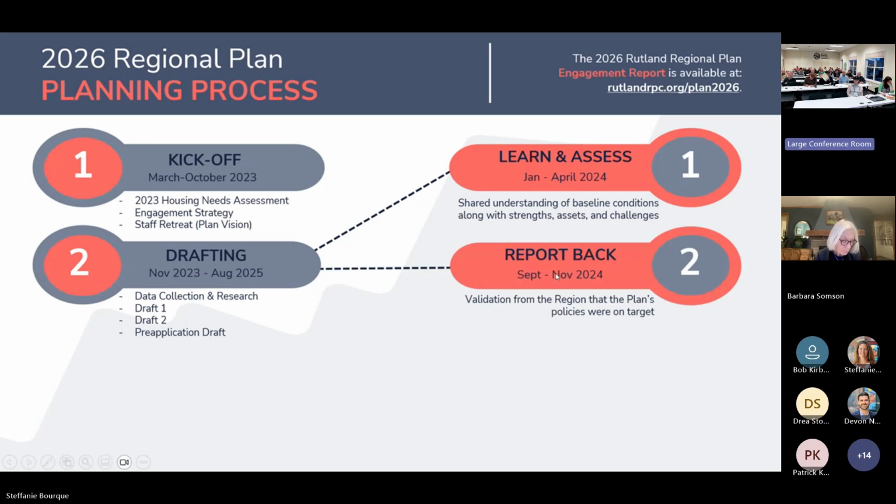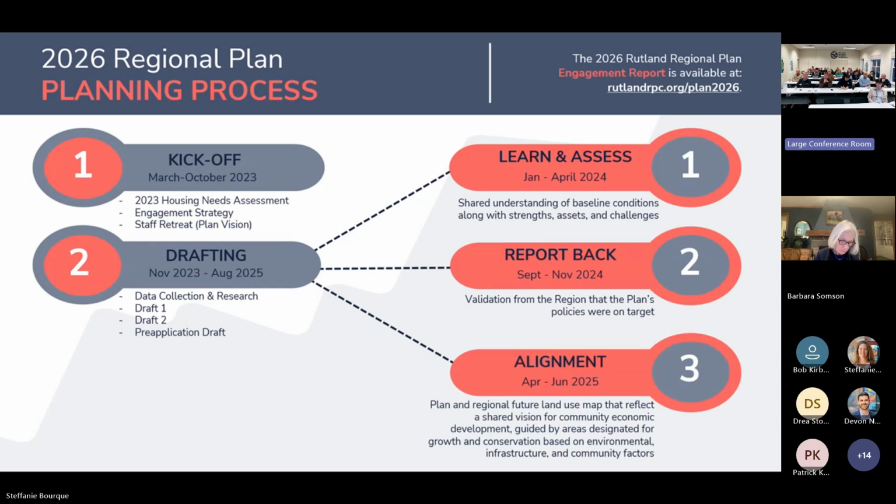From there, we moved into the second phase of engagement, coinciding with the drafts of the plan. That ran from September through November of 24, where we reported back what we'd heard, and we shared the first working version of the plan with the public to get validation from the region that the plan's policies were on target.